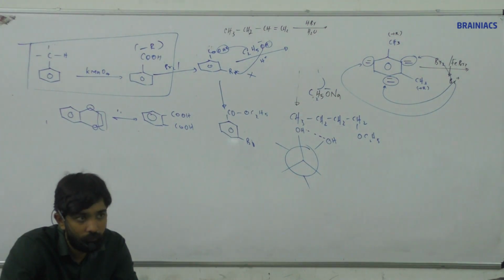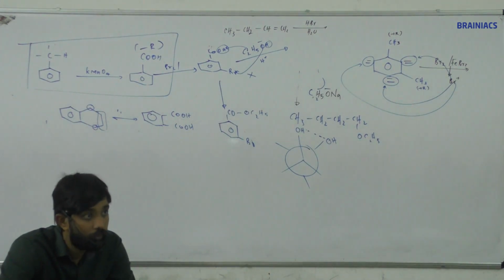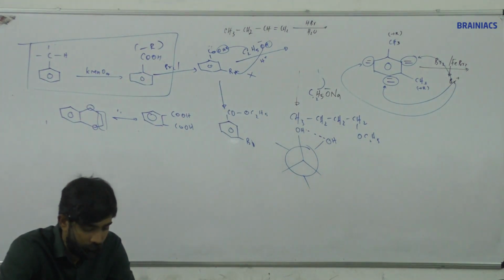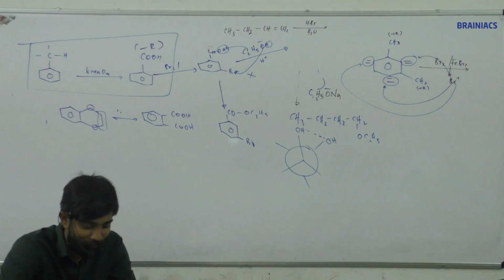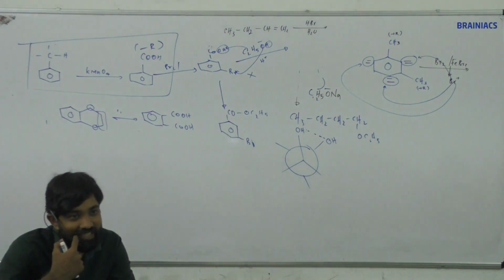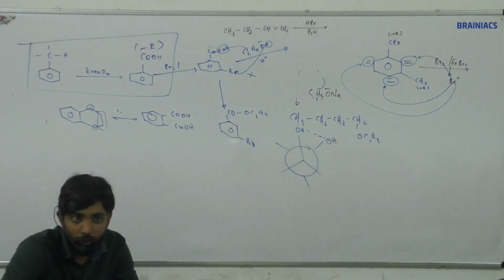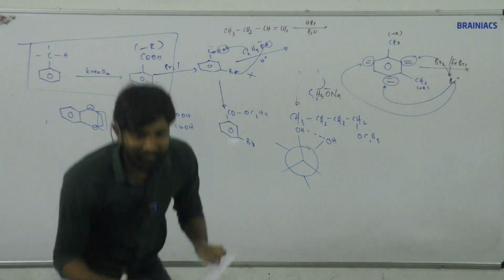CH3CHBr, CH CH3 CH3. Oh, wait. There is a hydride shift actually, right? No, I'm sorry. CH3 CBr CH3 CH2CH3. Okay. You know what to do. That's enough. Move to the next.